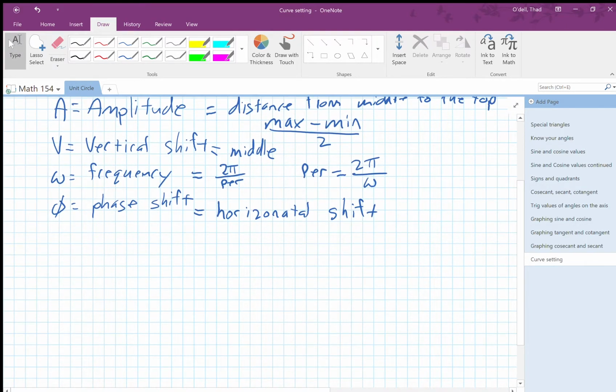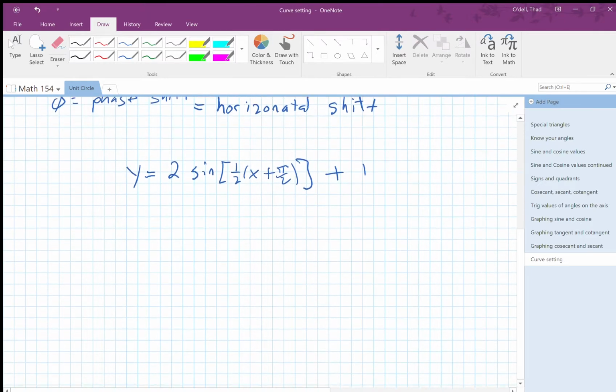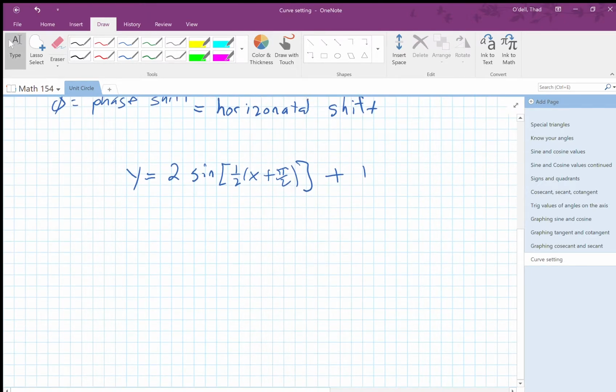So if we're looking at an equation that says y equals 2 sine of 1/2 times (x plus pi over 2), plus 1, and we wanted to draw a picture of that equation, or in other words graph it, the first thing I would do is make a list.